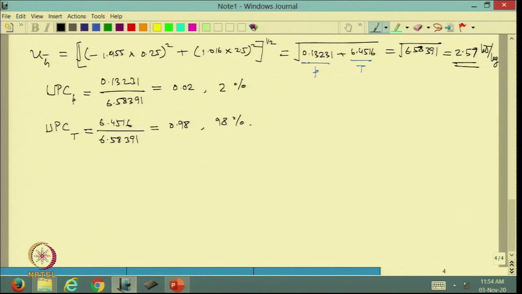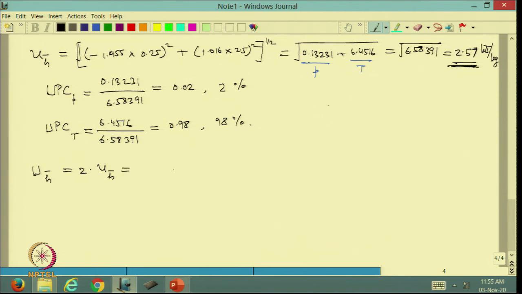So, here we got the answer. We wanted to know what is the uncertainty in the specific enthalpy. This is 2.57, and we can then even calculate, if we want, the expanded uncertainty, which is capital U h bar, which is equal to 2 times small u h bar.